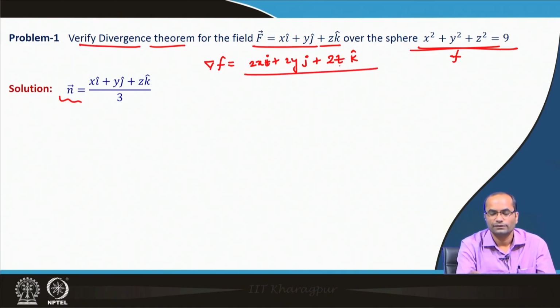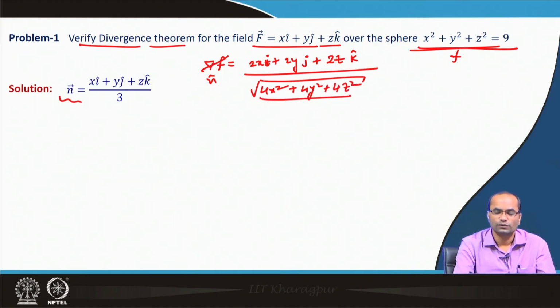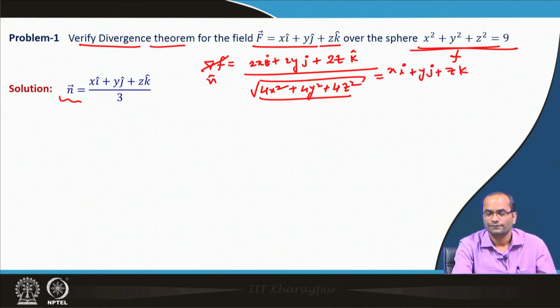And to have the unit normal we have to also divide by the magnitude of this one, the square root of 4x square, 4y square and 4z square. So, this 2 can go out, and that will cancel out from the numerator. So, we have then x i, then y j, then z k, these unit vectors, and then we have this 2 already settled.